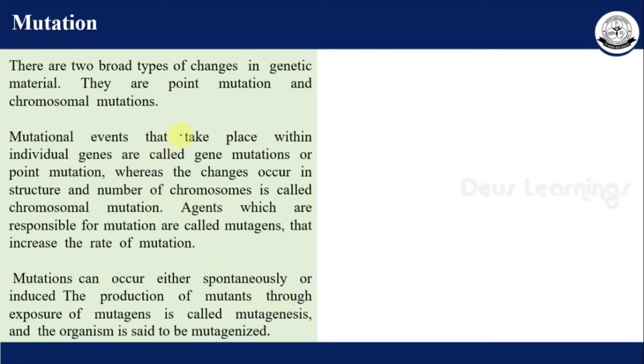There are two broad types of changes in genetic material: point mutation and chromosomal mutation. Mutation is a sudden change in DNA or genetic material.